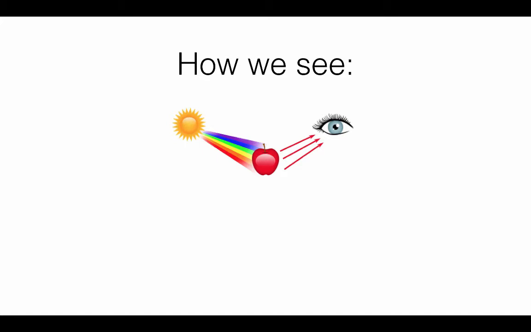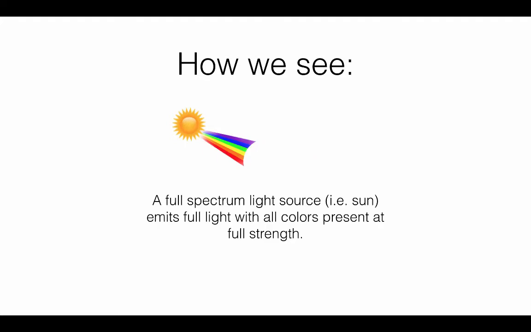First of all, we have this example here: the sun does its rays, it hits this apple, and then what we see is the color red. What's happening is it's actually reflecting a certain color. You've got a full spectrum light source, like the sun, and it's going to emit full light, like a bright white light with all colors present at full strength.